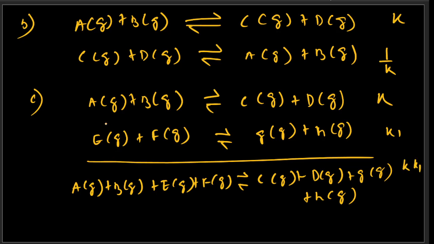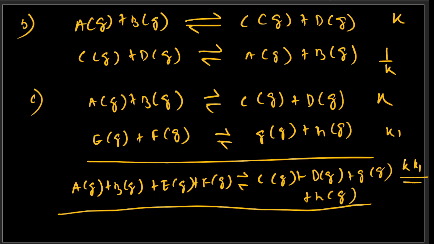So if I add two chemical equations, the corresponding constants get multiplied. Similarly, if I subtract the two chemical equations, then the equilibrium constants get divided.